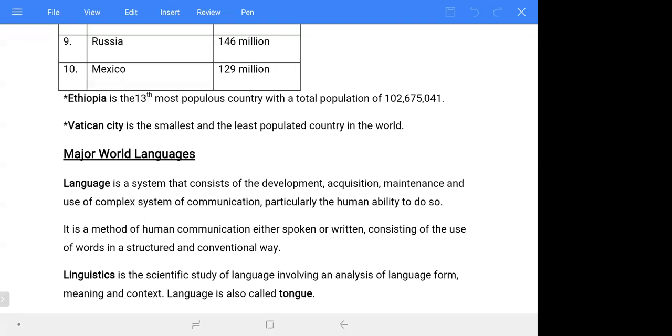Let me add one point here. McKinley, you know, is the highest point or the peak in North America. The state is Alaska. Okay, in Alaska, we get this McKinley. If you want to know the highest point for South America, it is Cerro Aconcagua.